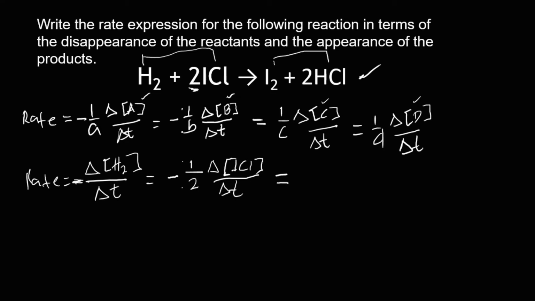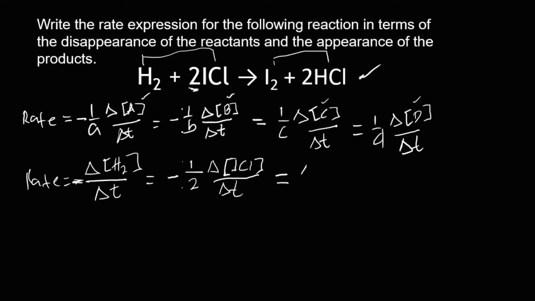Which equals, this is 1 mole of I2 and that is the product, so it will be positive. Again, there's no need to write down 1 over 1 because it's already understood.